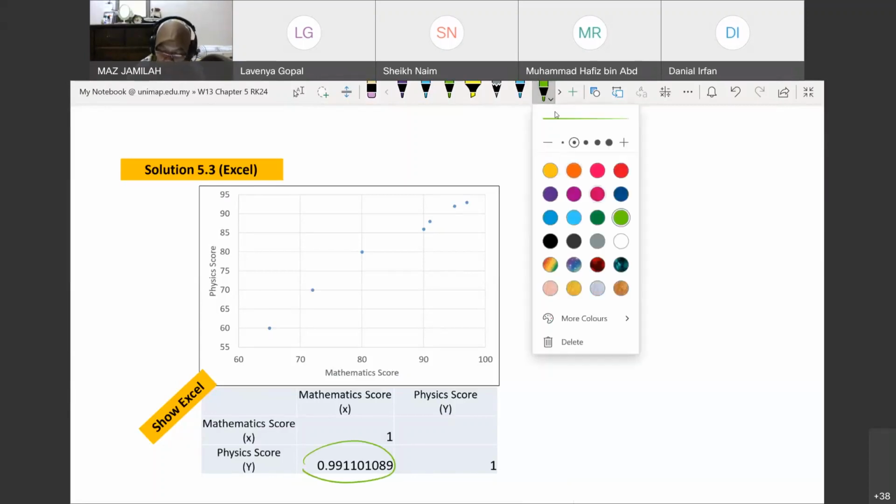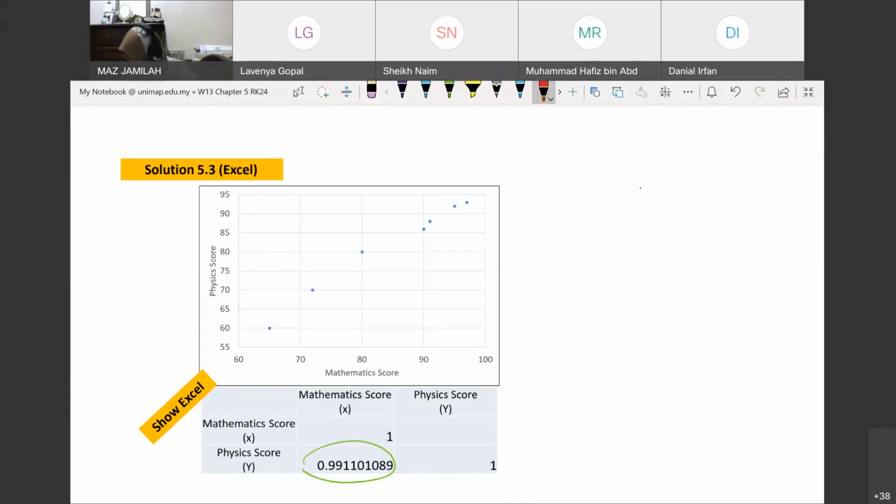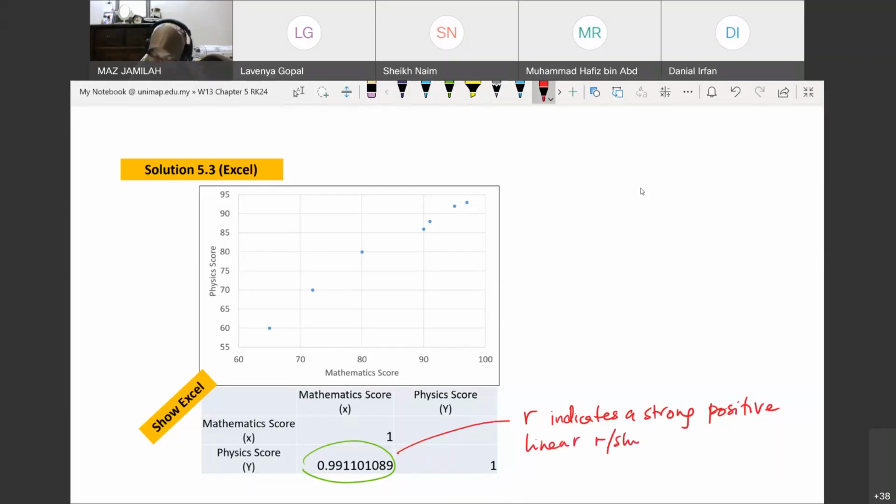To answer the question, calculate and interpret the sample correlation coefficient R. In this case, R indicates a strong positive linear relationship between physics score and mathematics score.